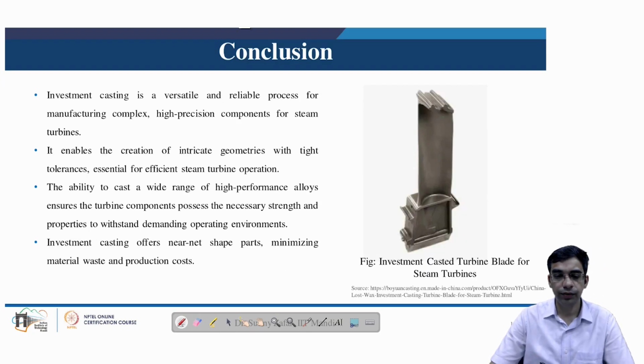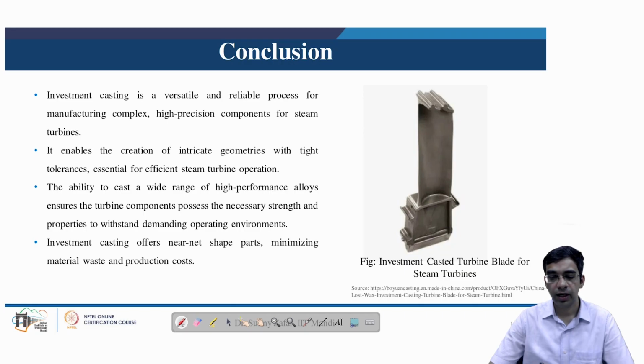So in conclusion, we can say for manufacturing of the steam turbine blade, the investment casting process is a very versatile and reliable process for manufacturing complex high precision components. It enables creation of intricate geometries with tight tolerances for essential and efficient operation of steam turbines.